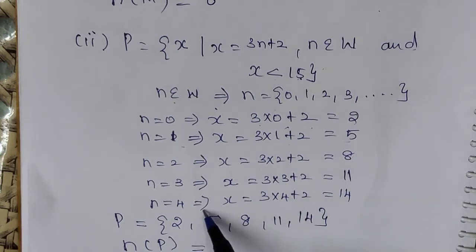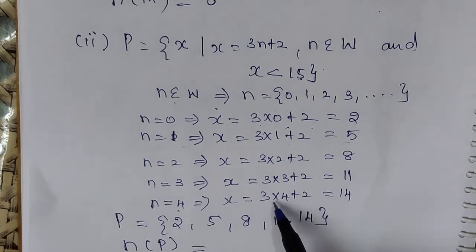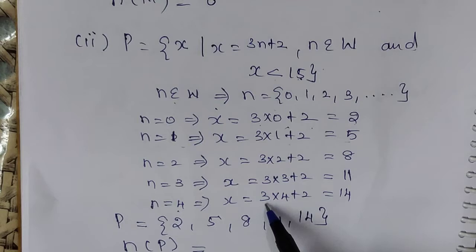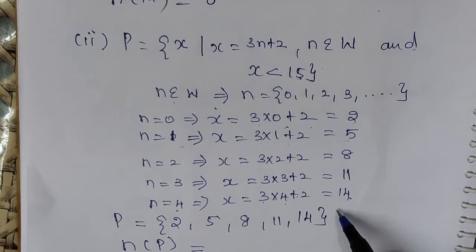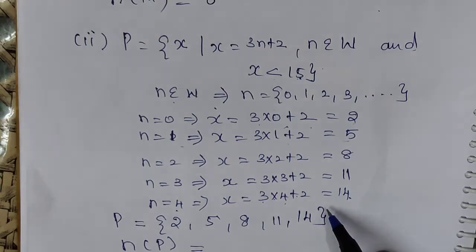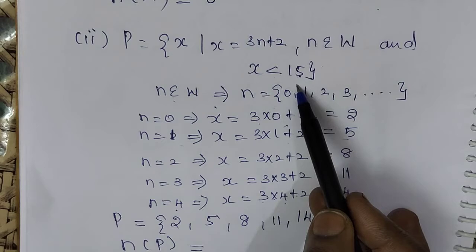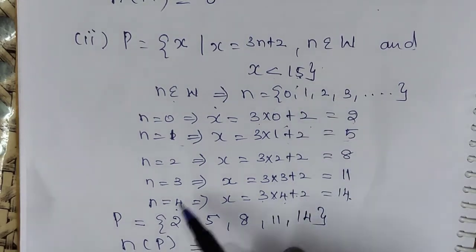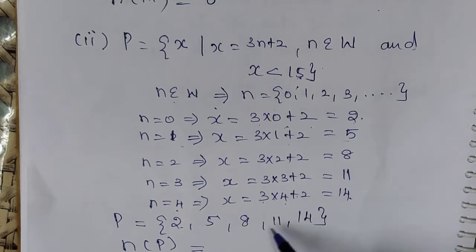Likewise, we take the value of n up to 4, because this gives 3 into 4 plus 2, which is 14. Beyond this, if I substitute n equals 5, it goes beyond 15, but the limitation is that x is less than 15. So we list out the elements 2, 5, 8, 11, 14.